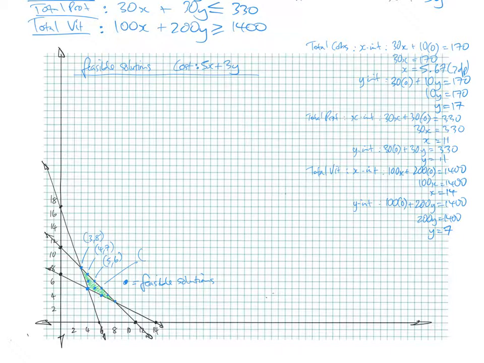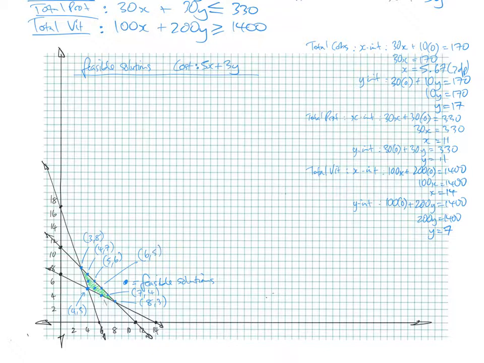This one is 6, 5. Otherwise you wouldn't see these crossovers. This one is 7, 4. And this corner one is 8, 3. We'll do this bottom corner here. That is 4, 5.